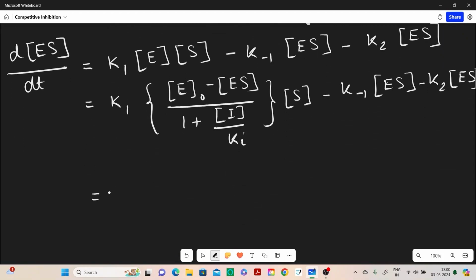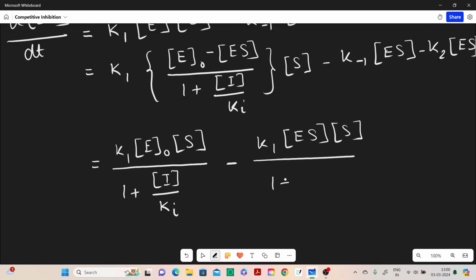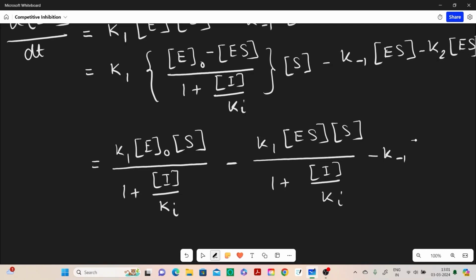Okay, or we can write this down again further as follows: equal to K1 E naught S divided by 1 plus I by Ki, minus K1 ES times S divided by 1 plus I by Ki, and the rest part is as follows: minus K minus 1 ES, minus K2 ES.